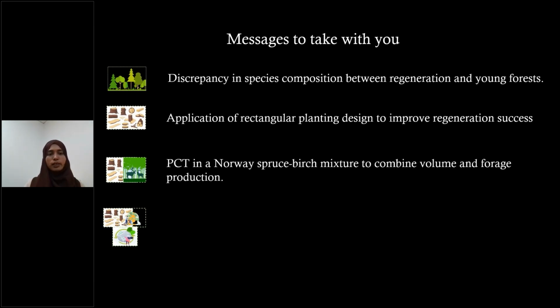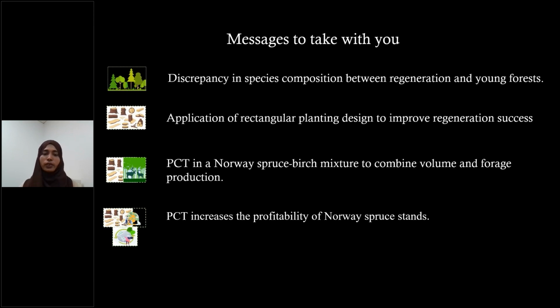The third one is that it is possible to use pre-commercial thinning in a Norway spruce birch stand to combine forage for ungulates and maintain the volume production of the trees. And pre-commercial thinning increases the profitability of Norway spruce in the long term. And timing of pre-commercial thinning has very little effect on the production and profitability.